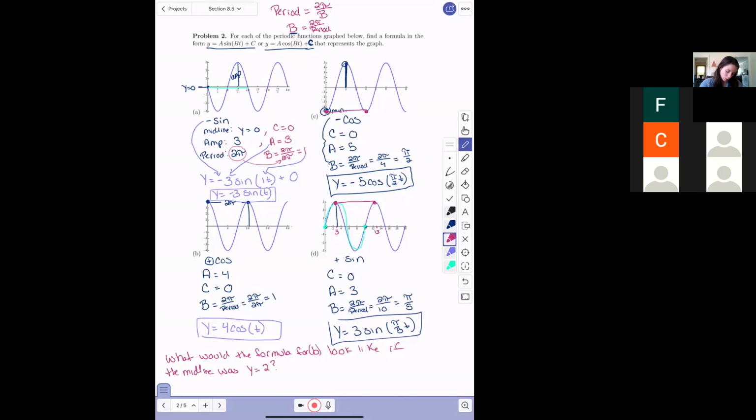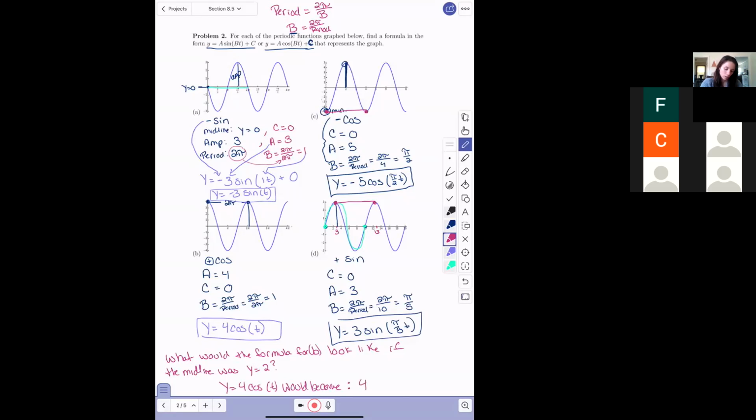How would I change this formula? Y equals 4 cosine of t would become what? 4 cosine of t plus 2.